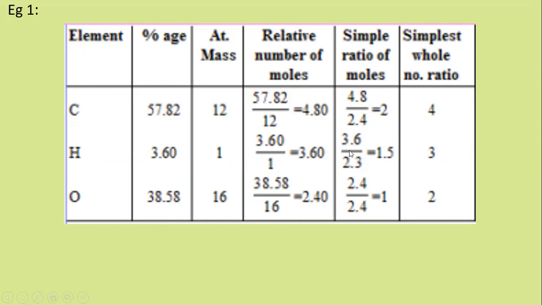Here in this, 2.4 is the smallest number. So divide all of those by 2.4. So now 4.8 divided by 2.4 gives 2, here 1.5, and in the last we get 1. Okay. So now the simplest whole number ratio will be 4, 3 and 2.